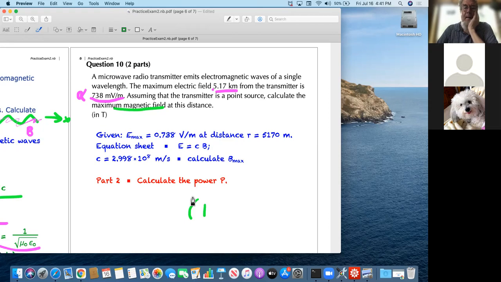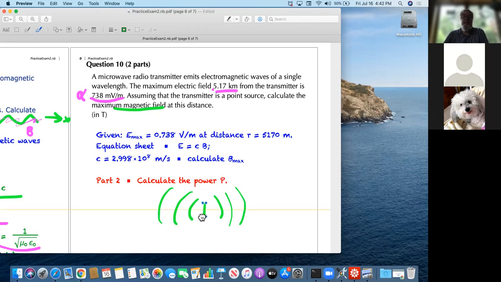Because, of course, an antenna produces an electromagnetic wave, which is spreading out. And as you go to farther distances from the antenna, the strength of the electric field decreases. In other words, the energy spreads out as you go farther away from the antenna.